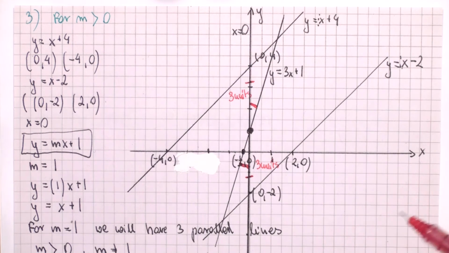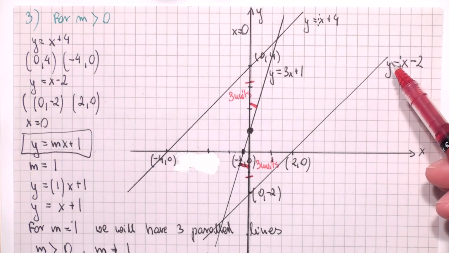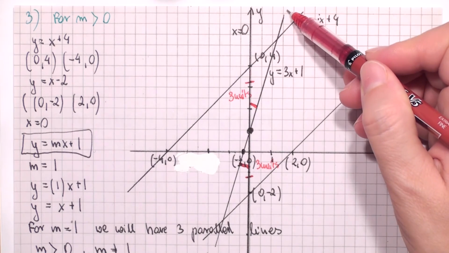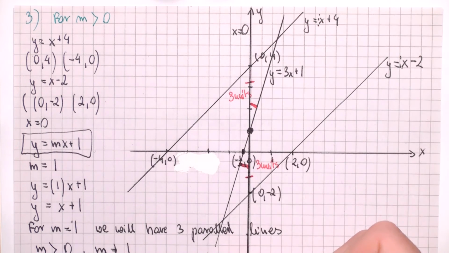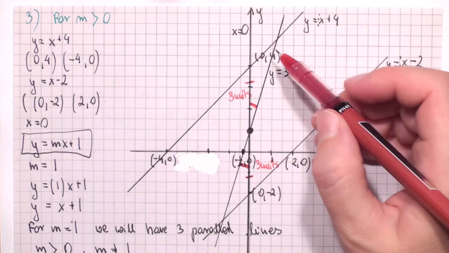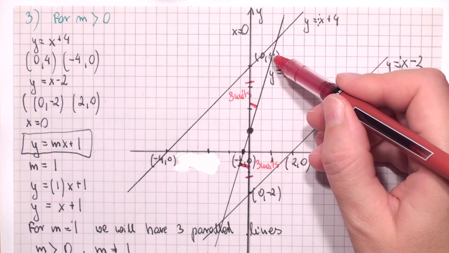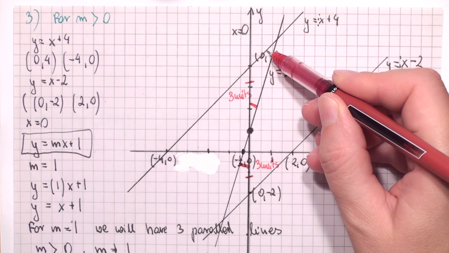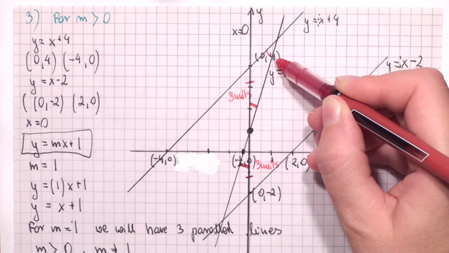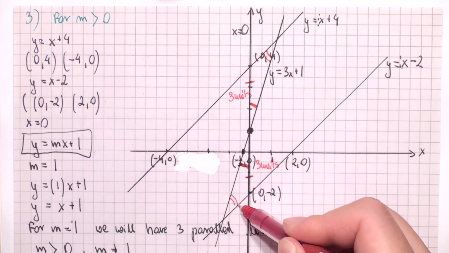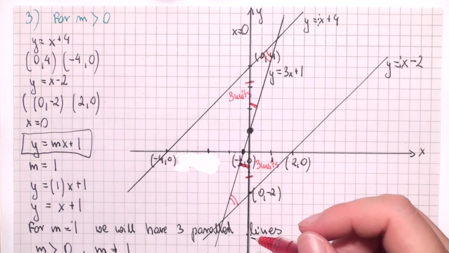What else? Because these two lines are parallel, and if we put that y equals 3x plus 1 is our transversal, we know that alternate interior angles are congruent. So this angle and that angle are congruent.